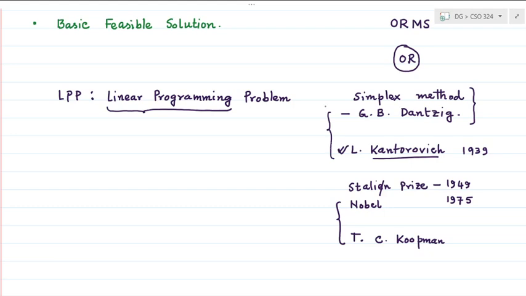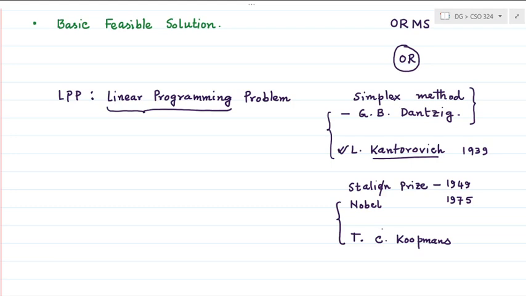Although this terminology linear programming was not given by Kantorovich, neither by Danzig. This terminology linear programming was given by Koopmans. So I'll tell you the story of how this linear programming terminology was coined.